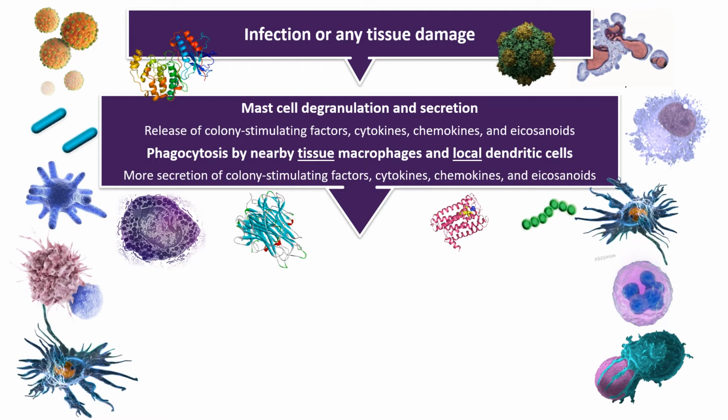Of course, when they phagocytose, they secrete colony stimulating factors, cytokines, chemokines, and eicosanoids. So we're building up through the action of a few cells, we're building up this soup of inflammatory mediators that are going to upregulate inflammation.